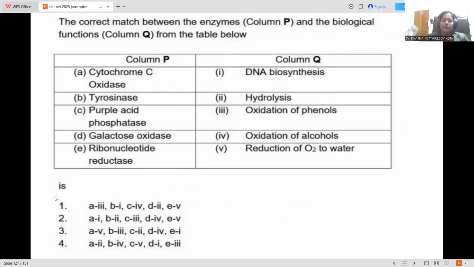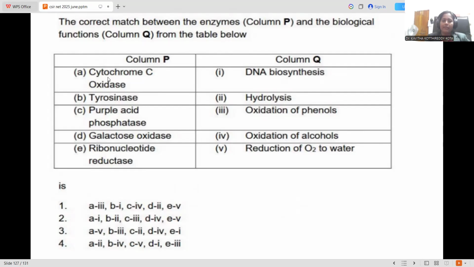Let me go on to question number 72: the correct match between the enzymes in column P and their biological functions in column Q from the table below. So enzymes and their biological activities are presented in two different columns.